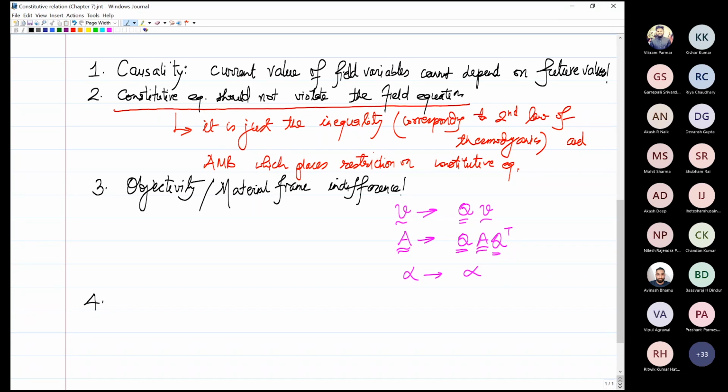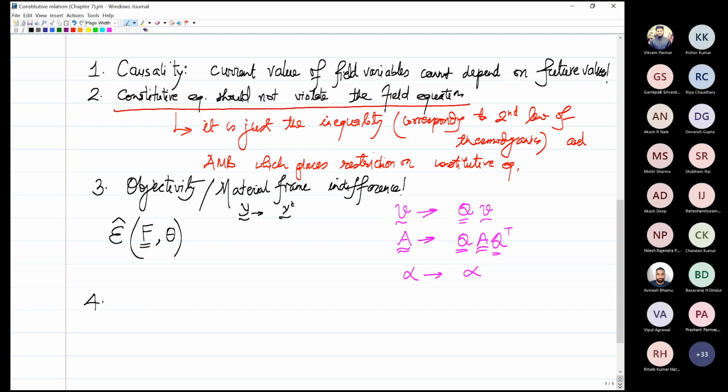And I'll just give you one example. For example, if we say that the internal energy response function epsilon hat depends on deformation gradient big F and theta, then when we go from y to y star, we know that F changes to QF, isn't it?